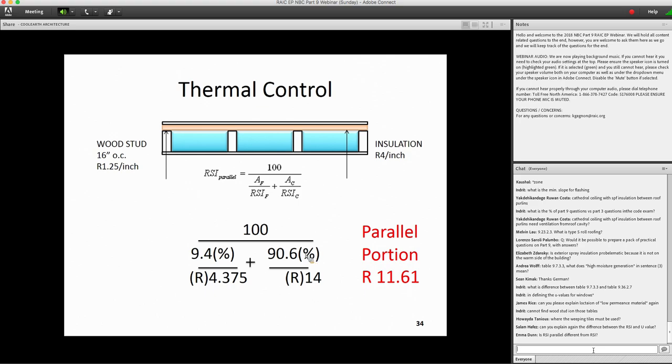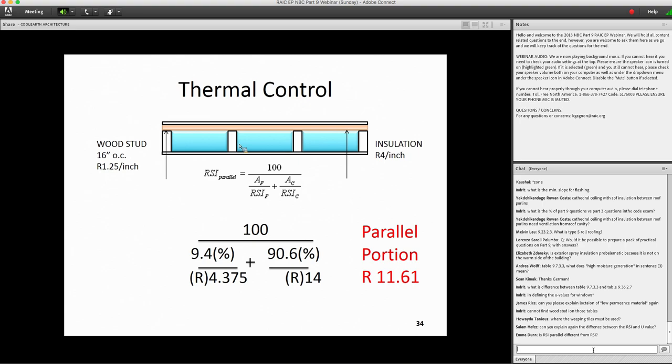Okay, the formula, I'm pretty sure, is the same. Yeah, the formula is the same. The RSI parallel is exactly the same formula. So it has to do with the distance between the wood studs. That has to do with distances, your structural numbers.